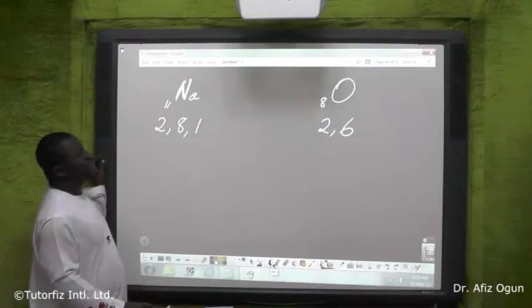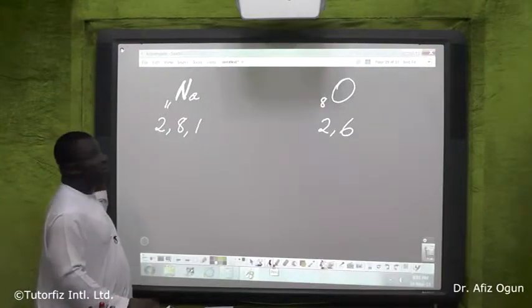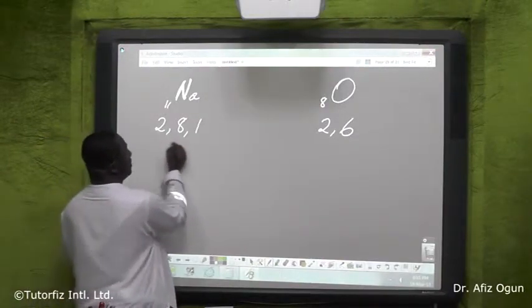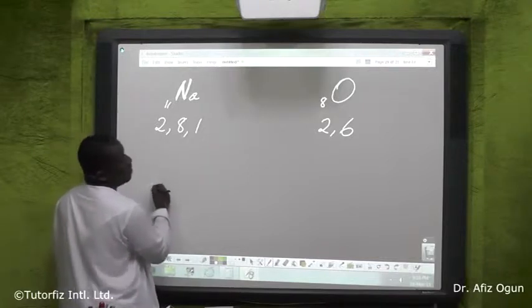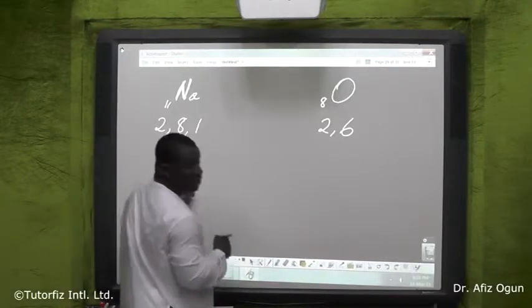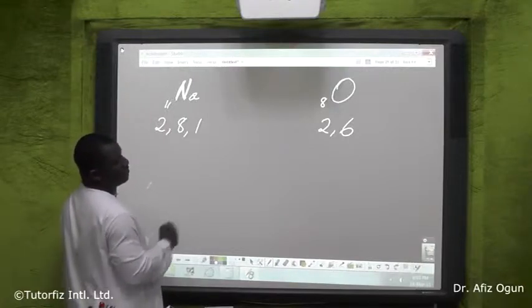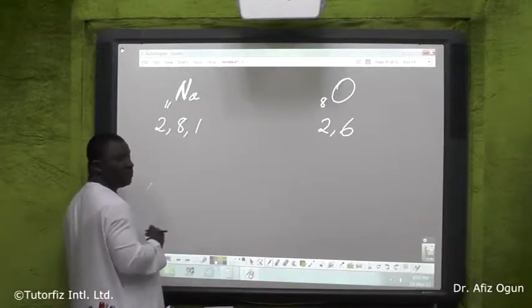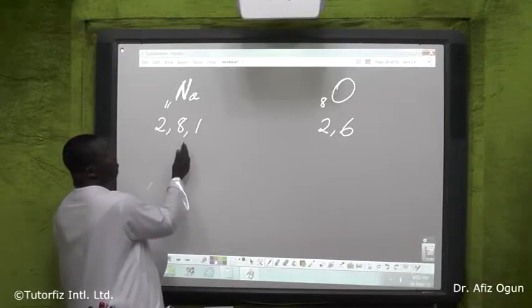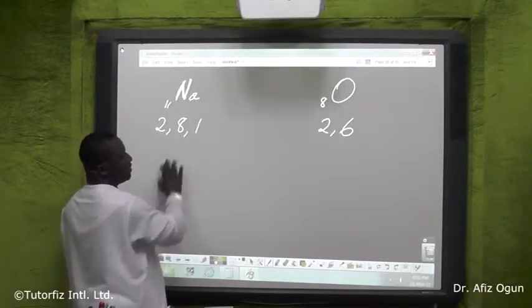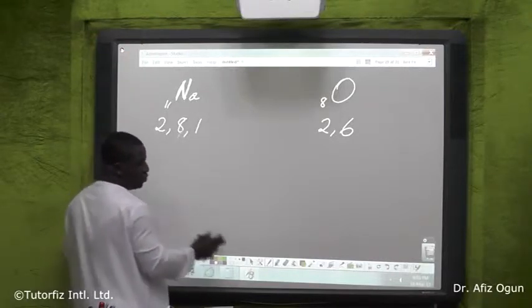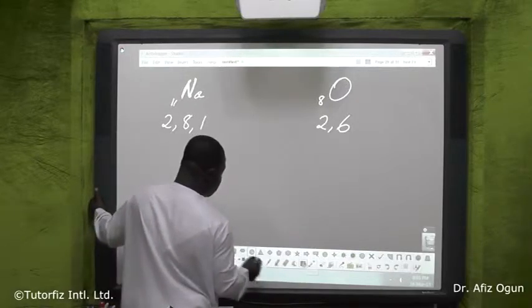The bonding between sodium and oxygen. Sodium, as you remember, has electronic configuration of 2, 8, 1, and oxygen has 2, 6. So oxygen needs 2 more to complete its outermost shell. Sodium needs to lose 1 to complete its outermost shell.